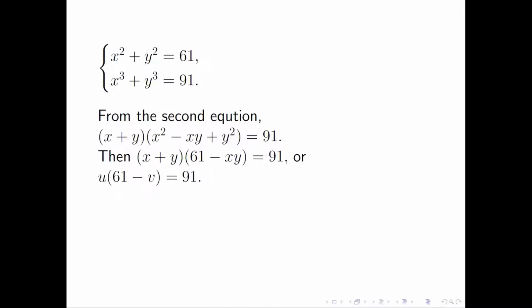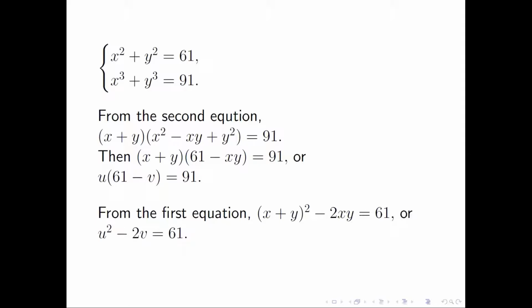Then we do the substitution. u is x plus y, and v is x times y. We have u times 61 minus v equals 91. Now, let's look at the first equation. x squared plus y squared can be rewritten as x plus y squared minus 2xy.